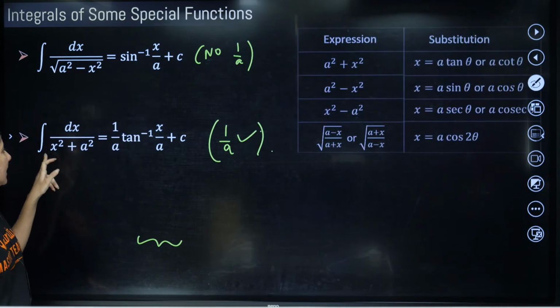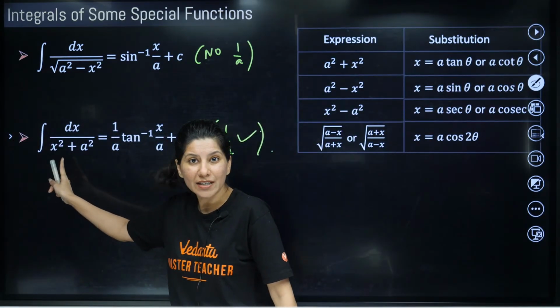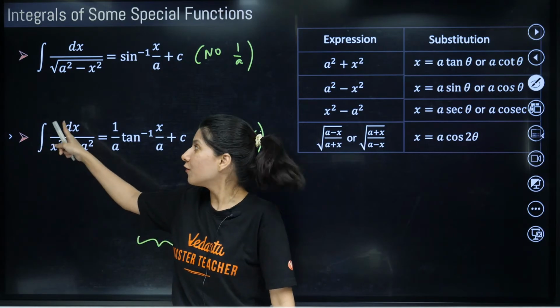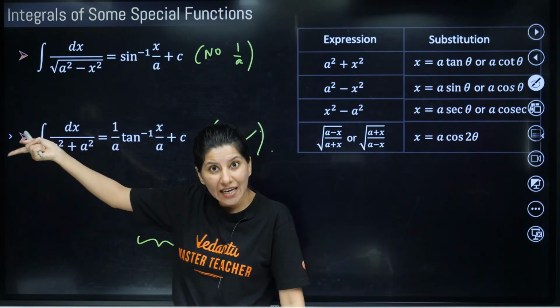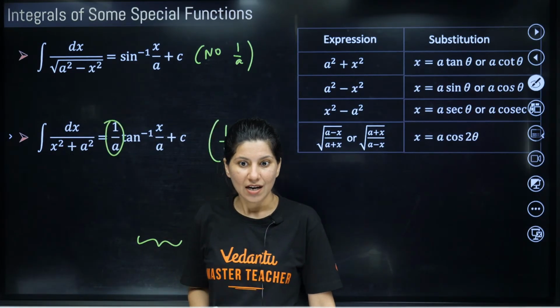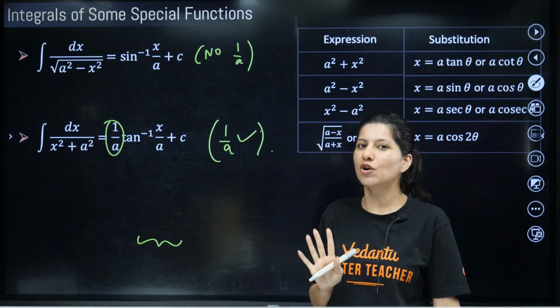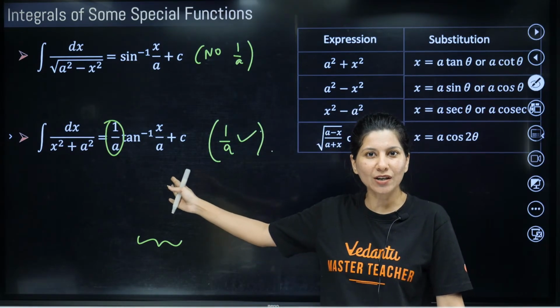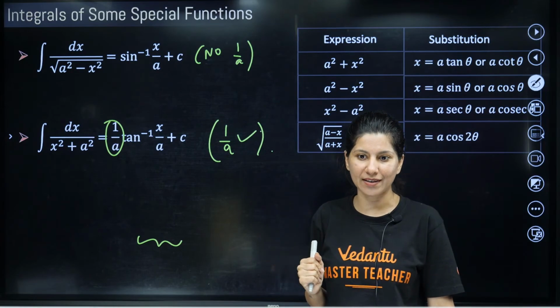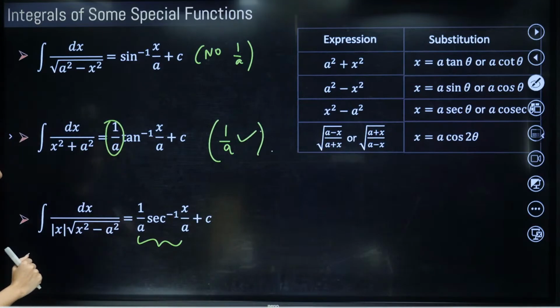But can you see, here there is no square root. So from the denominator, it will be a square. From the numerator, it will be a. A upon a square will be 1 upon a. Right? So you do the proof. One proof I have already told you. Second proof you can do. Then you will understand why it is happening. Okay? Alright. Clear?